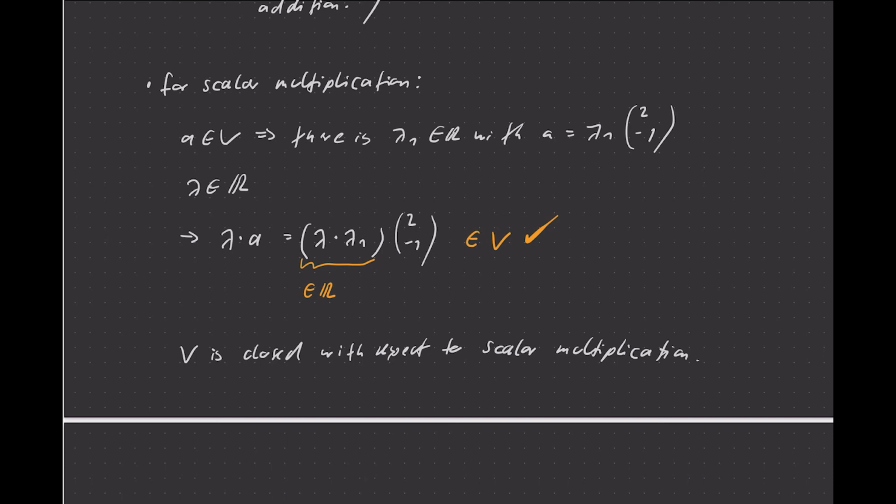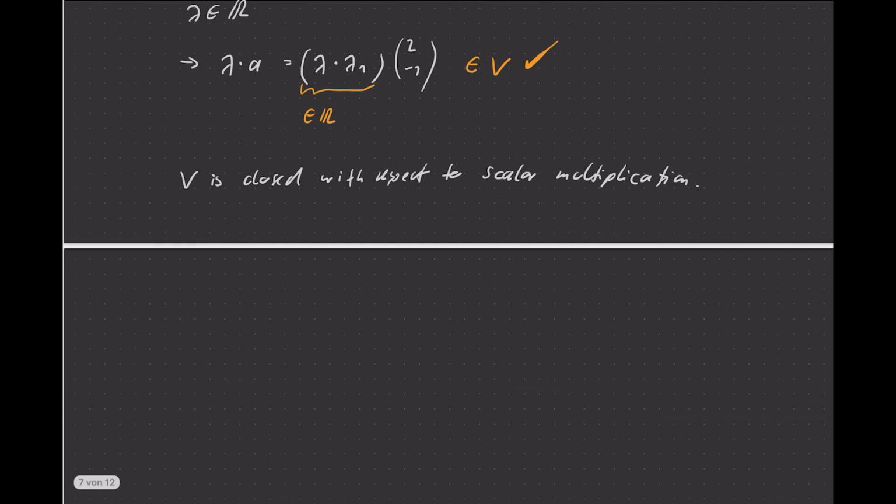Okay, and again, the nice properties of scalar multiplication are inherited from R2. So we can be sure that V actually is a vector space then.